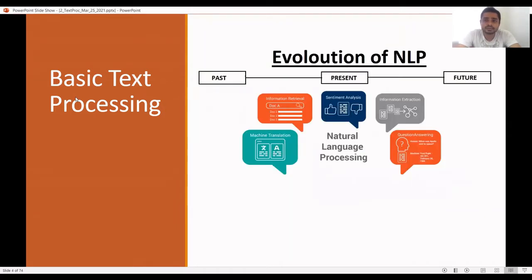Now, what is the evolution of NLP? While natural language processing isn't a new science, the technology is rapidly advancing thanks to an increased interest in human to machine communications, plus an availability of big data, powerful computing, and enhanced algorithms.